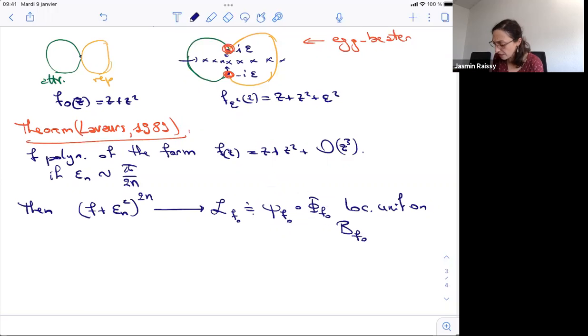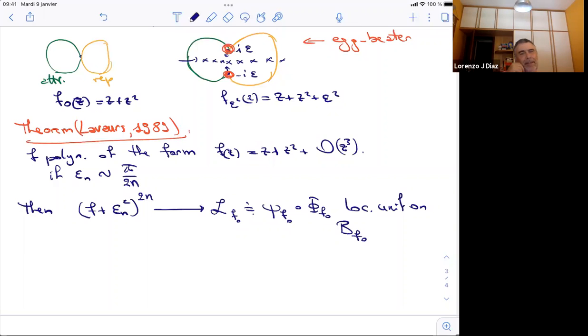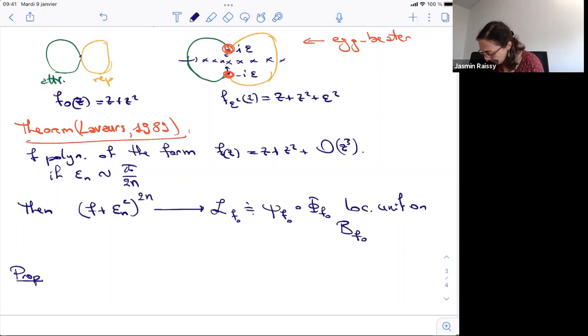And actually, this is not proven by Lavaurs, but this is something that we can prove, and it is a computation, so a proposition.